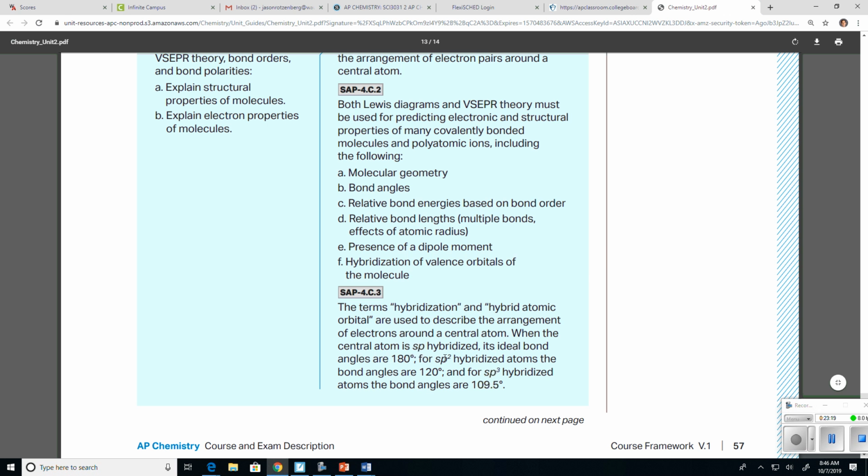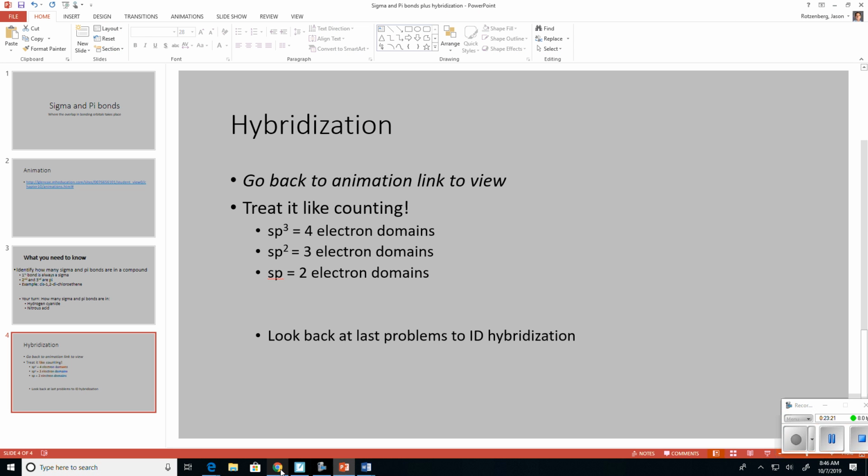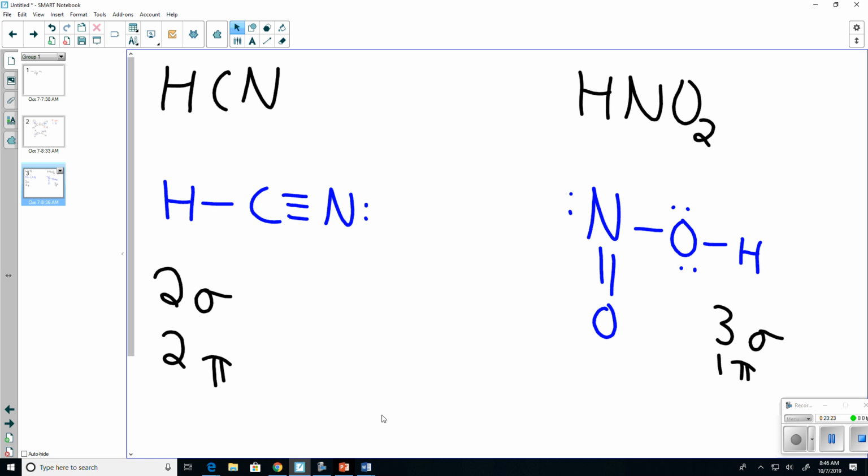So this idea of hybridization is something they want you to be aware of. So look back at these. And in the HCN, there should just be one answer because the carbon is the one central atom. But in HNO2, there's 2 different central atoms, the nitrogen and the oxygen. So take a few seconds here to think about what would we call the hybridization for each of those central atoms.